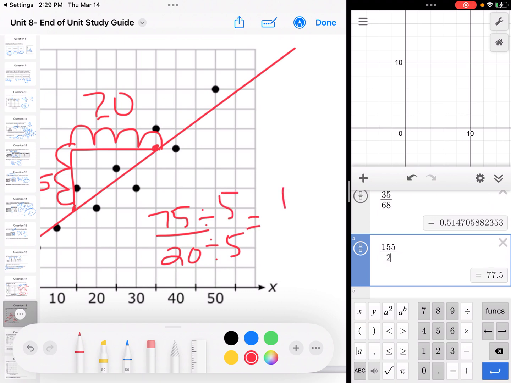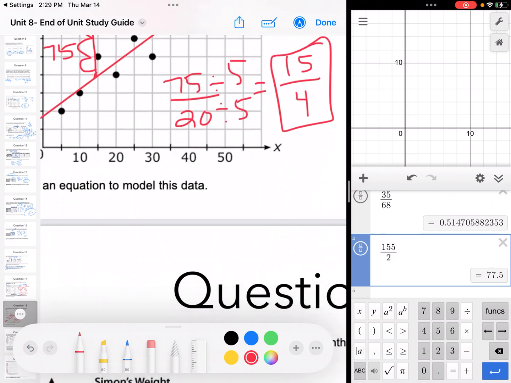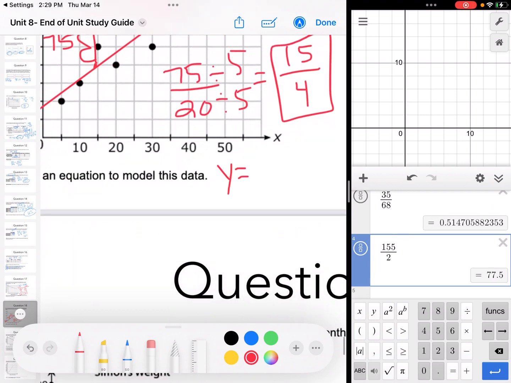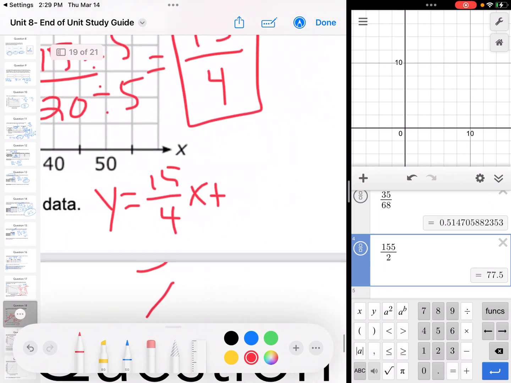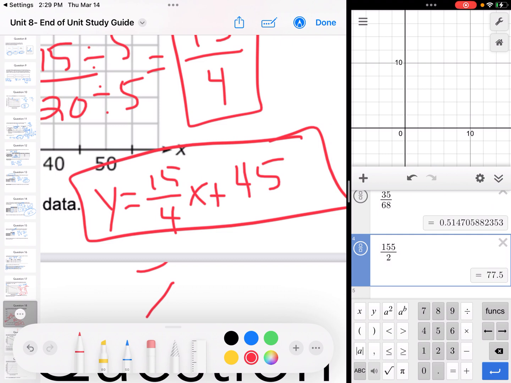And I get 15 over 4 would be my slope. So I've got y equals 15 fourths x plus 45. Now on your test tomorrow, it's going to be a lot more clear what that y-intercept is, so don't panic.